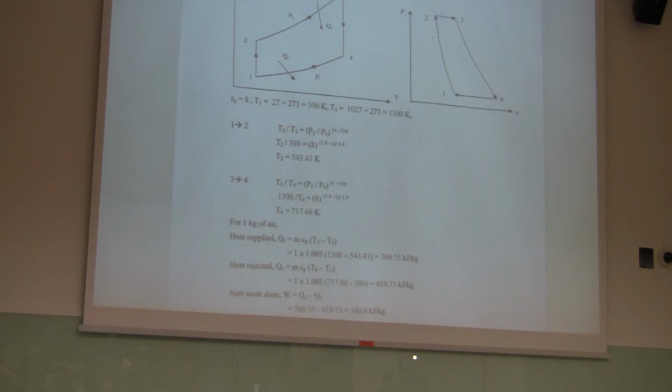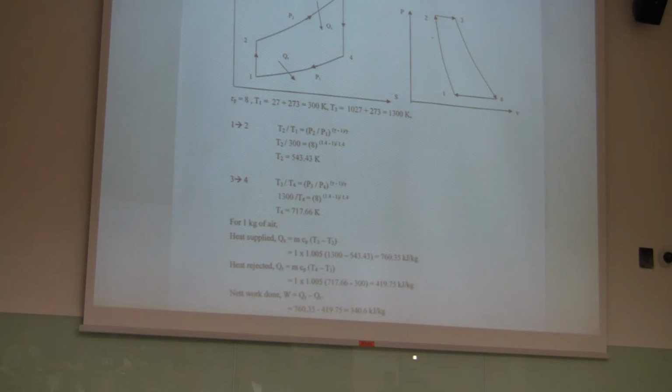A stationary power plant operating on an ideal Brayton cycle at a pressure ratio of 8. The gas temperature is 27 degrees at the compressor inlet and 1027 at the turbine inlet. Determine the gas temperature at the exit of the compressor and at the exit of the turbine.